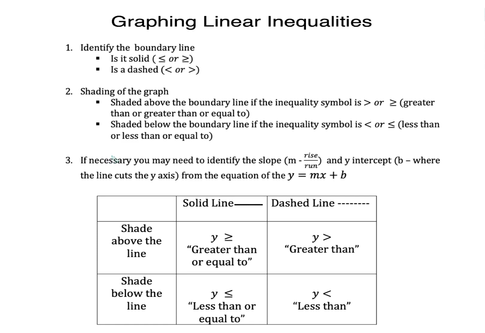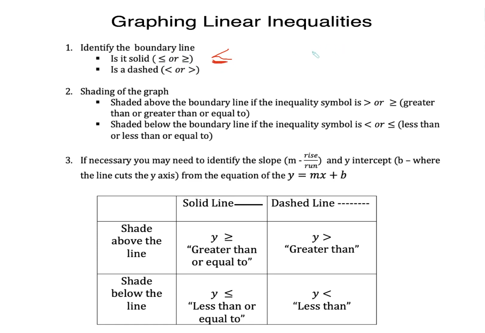In order to do that, there are 3 steps you must follow. The first step, identify the boundary line. If your boundary line is a solid line, you're using the inequality signs of less than or equals or greater than or equals. Here's a little tip. Remember, less than or equals have that equal sign.